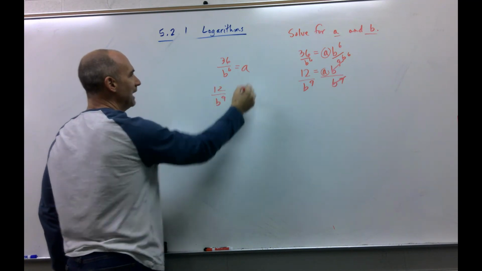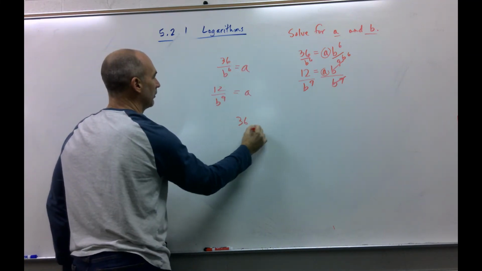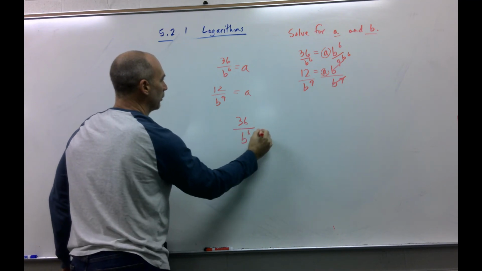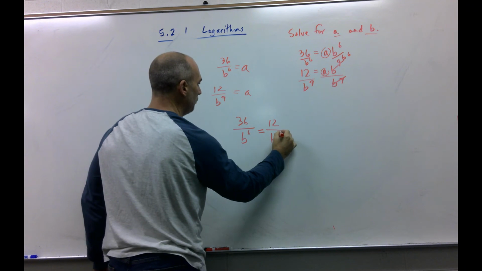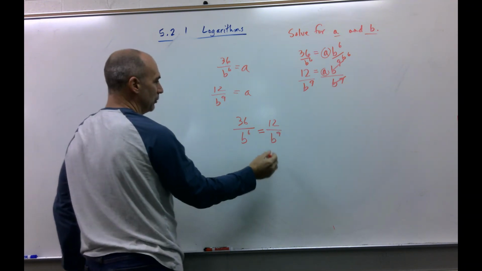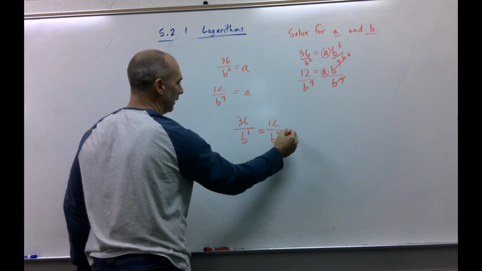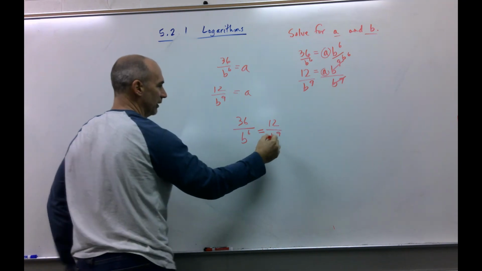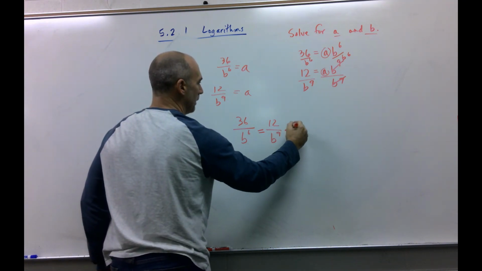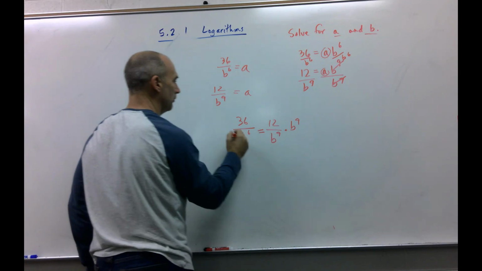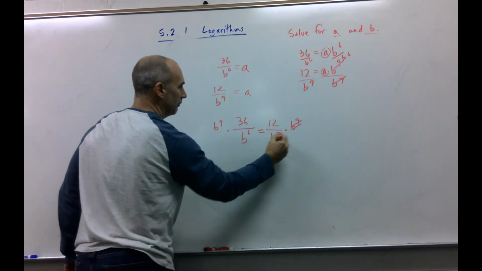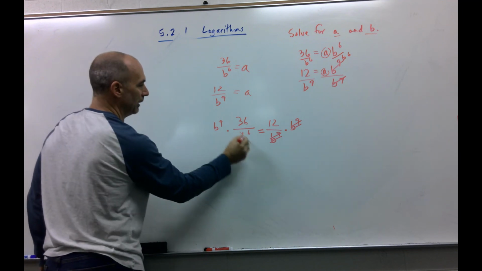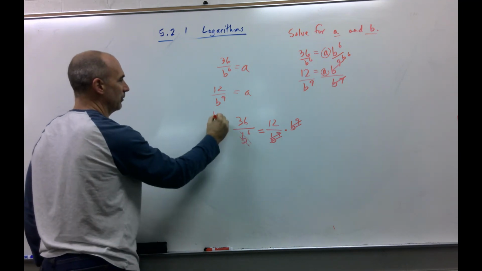Well, if A equals both of these things, then these weird looking things equal each other. Now one thing that I could do, just to get rid of these in the denominator, is multiply by B to the 9th, multiply by B to the 9th. So these cancel. And over here, B to the 6th times B to the 9th turns into B cubed.